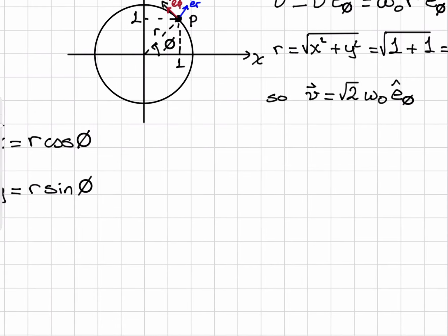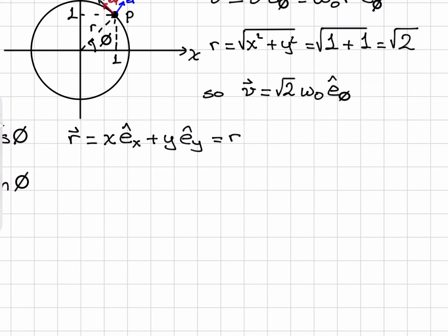Which means we can write the position vector of this point using Cartesian coordinates as x e x hat plus y e y hat, which is equal to r cosine phi e x hat plus r sine phi e y hat.